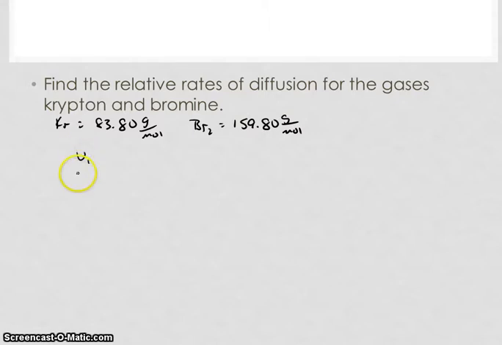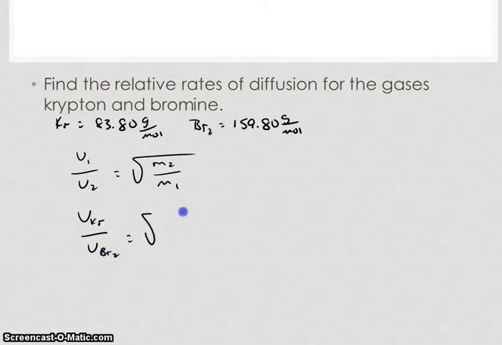So we've got V1 over V2 equals the square root of M2 over M1. We're going to make krypton 1 and bromine 2, so the velocity of krypton to the velocity of bromine will equal the square root of the molar mass of bromine, which is 159.80, over the molar mass of krypton, which is 83.8.